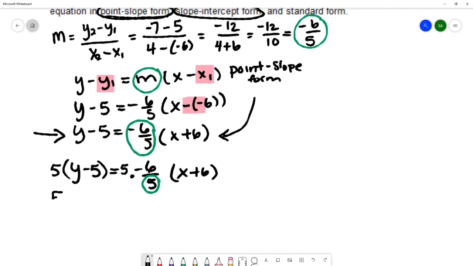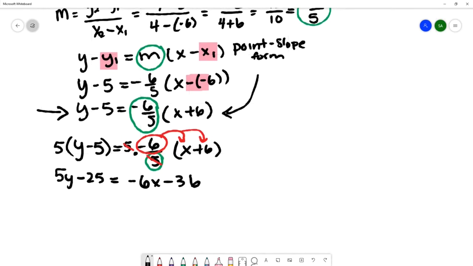So this gives 5y minus 25 when I distribute. On the right-hand side, the 5's cancel, and we no longer have a fraction. Then we can use the distributive property to get rid of the parentheses, so that's negative 6x minus 36.